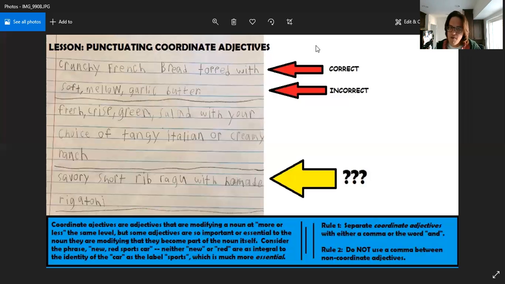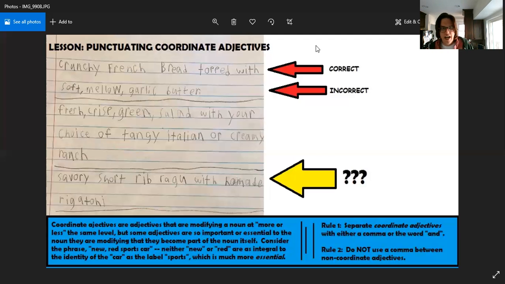However, if I'm remembering correctly from my formative studies in the French language, the difference between, apologies for my pronunciation, a salad vert versus a salad de tomate, tomato salad, green might have a different level of importance in different cultures. But I think fresh, crisp, and green are probably all coordinate adjectives here.